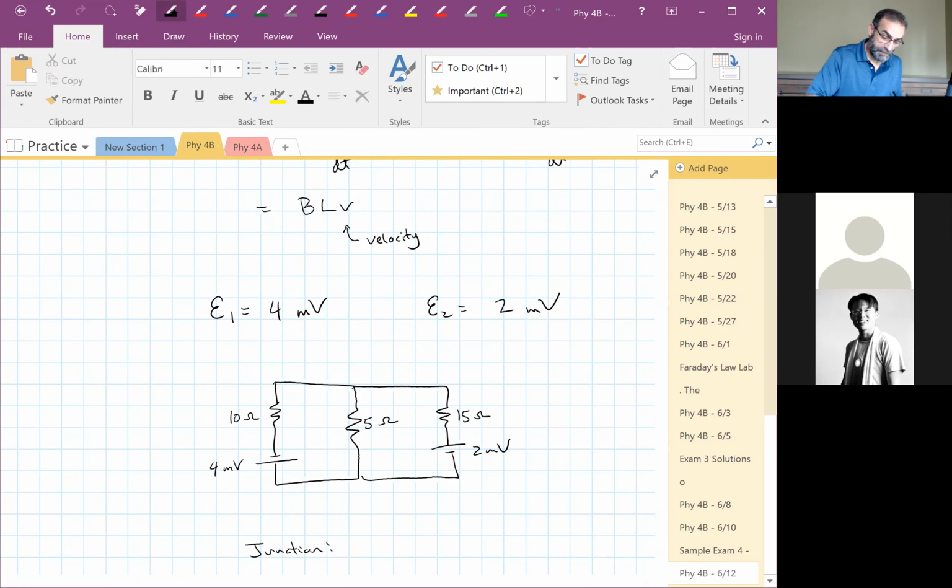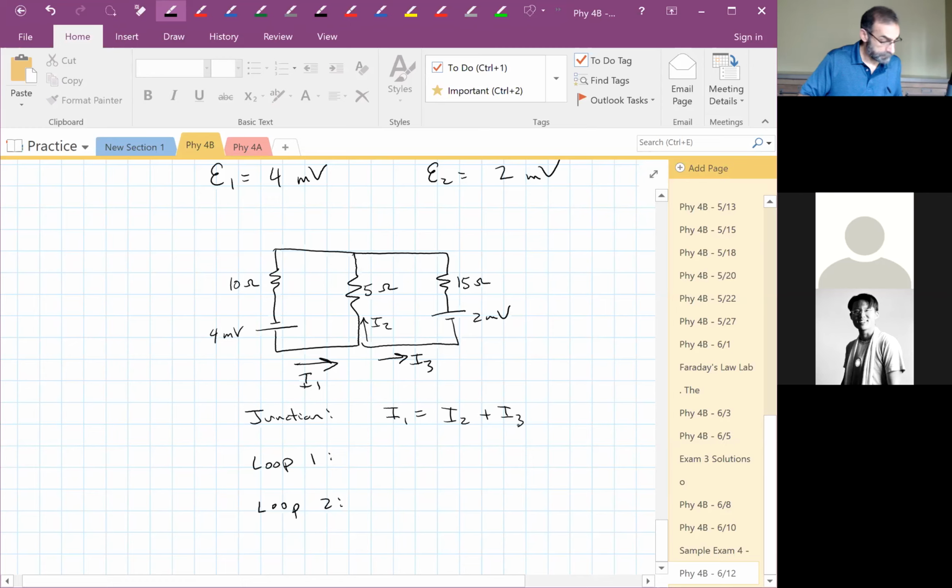So we pick our directions, quick review of Kirchhoff's. I'll just guess there that the batteries are pushing the current in those directions. And then we get 2 loops.